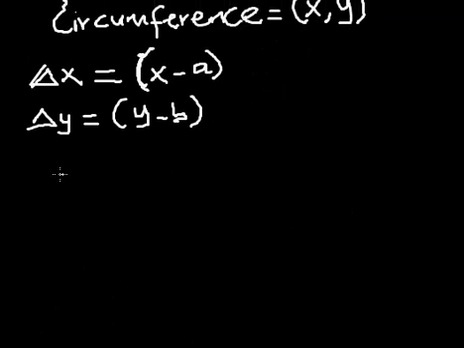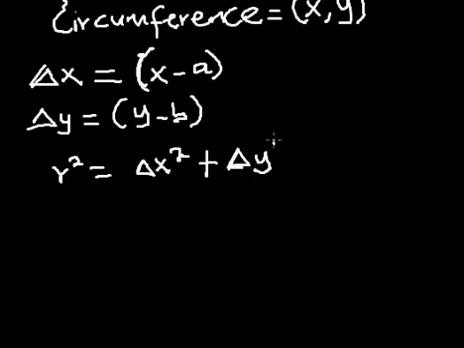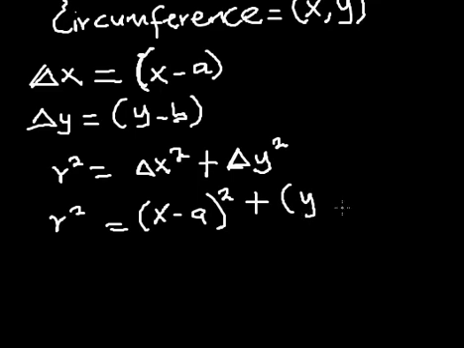For the hypotenuse, we are going to use Pythagoras theorem. So to get the radius square, it is going to be equal to the increment in x square plus the increment in y square, which of course means r square is equal to x minus a all square, plus y minus b all square.